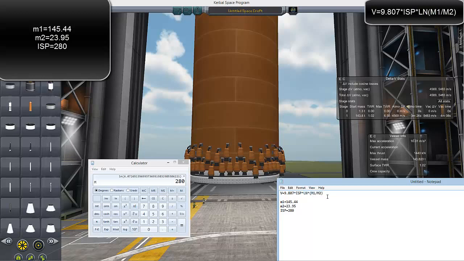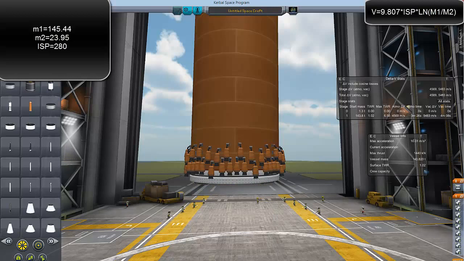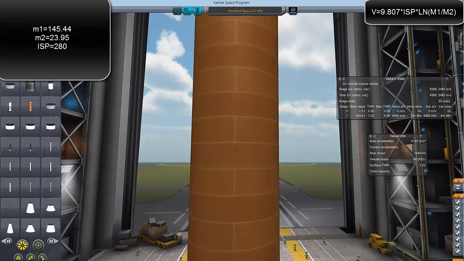So do m1 divided by m2, then times that by ln, and that will give you the answer. And I think I'd have to do 9.807. And as you see here, this part, it doesn't matter which comes first. It's just this needs to happen first. Simple enough. So let's go into space.